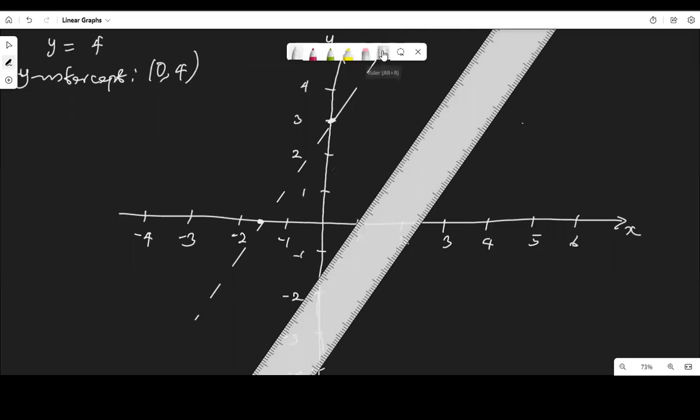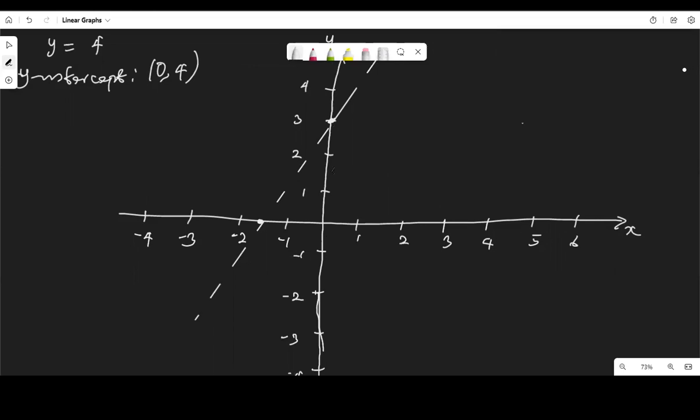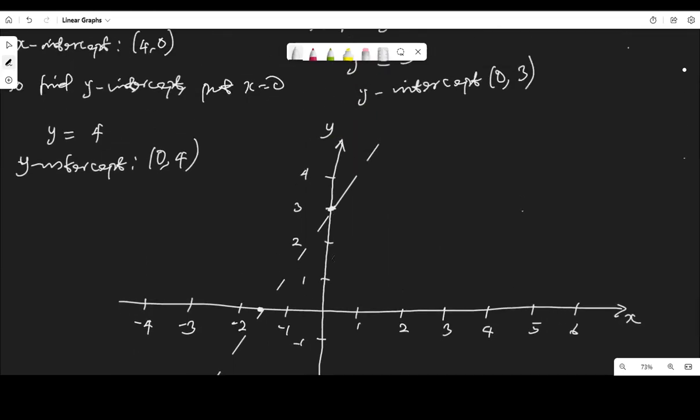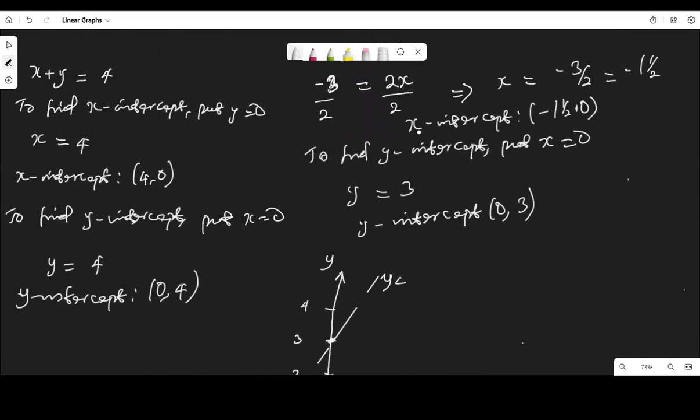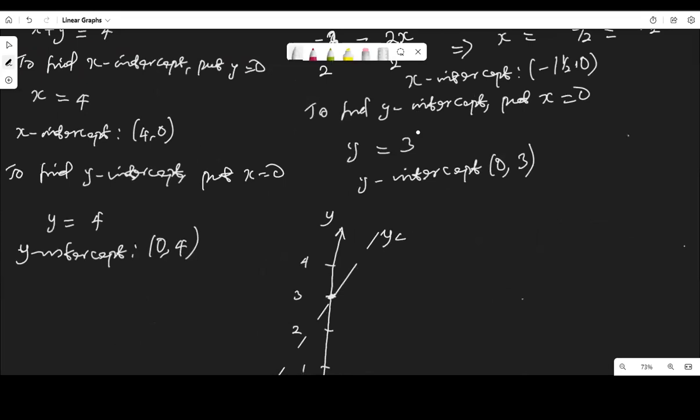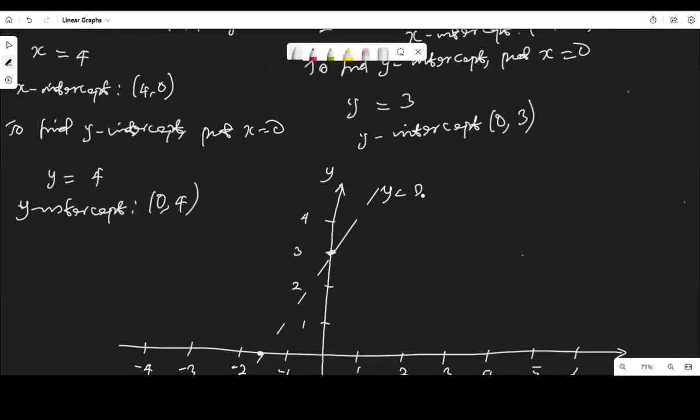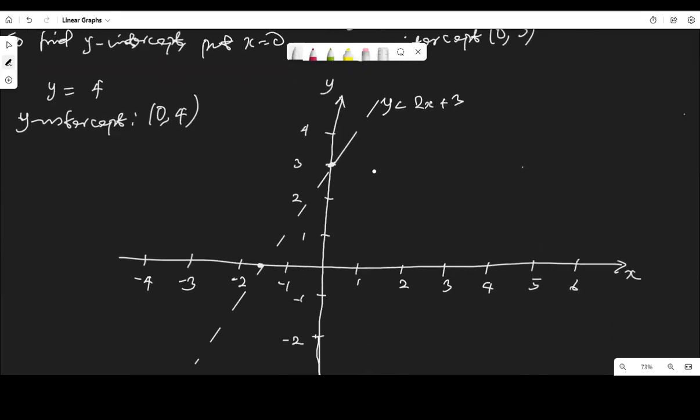Now, the next thing is to locate the point that satisfies this inequality, which is y less than 2x plus 3. So how do we know where to shade in this? Are we going to shade here or are we going to shade here?